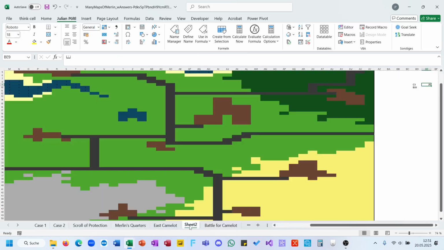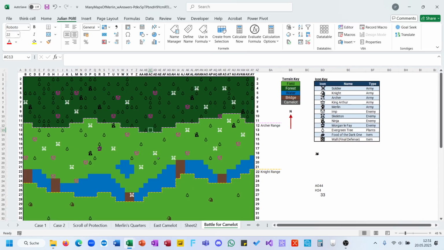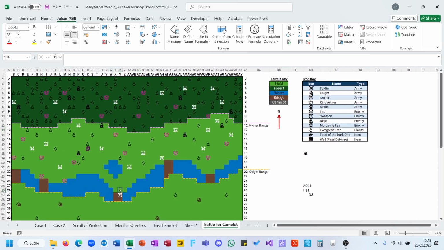Okay, so they will only move to one of the bridges.